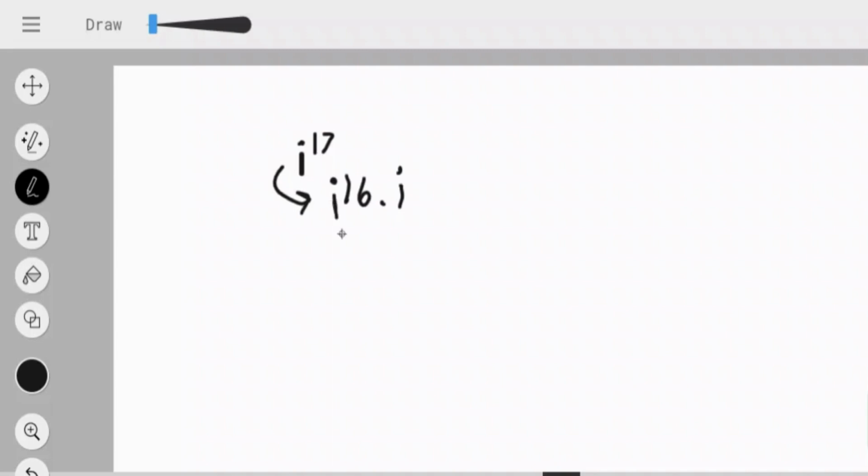So we're gonna go down and we're gonna make us some arrows. We love those. And we're gonna bring this i down with us. Don't lose the i. Boom. We're gonna write the 1 up there. And then i to the 16th, that's automatically going to give you 1. I can tell you that.